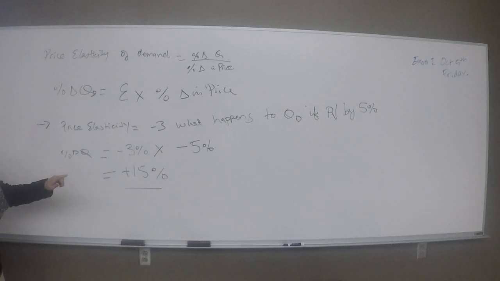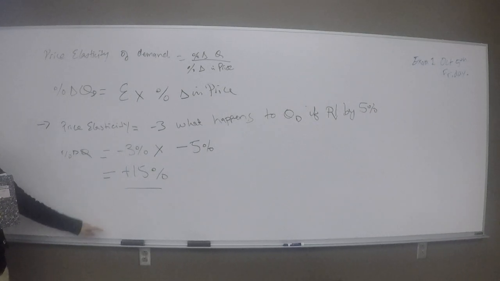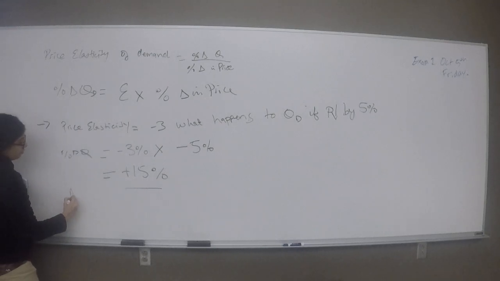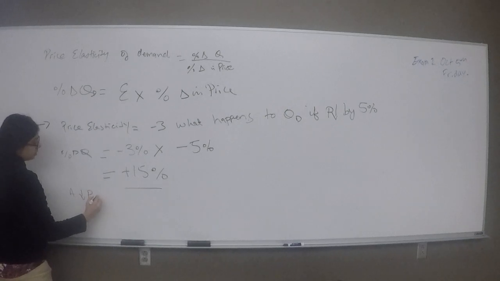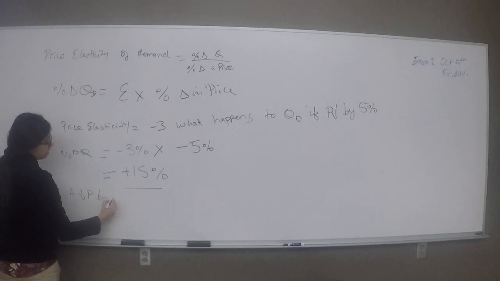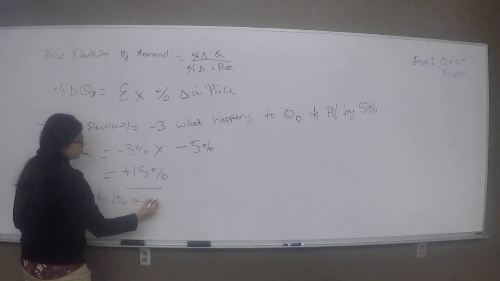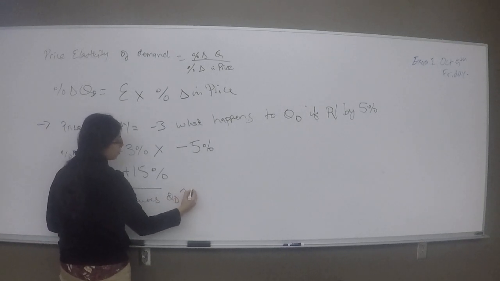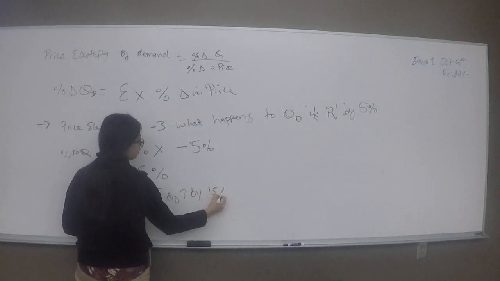So a decrease in price by 5% causes quantity demand to increase by 15%.